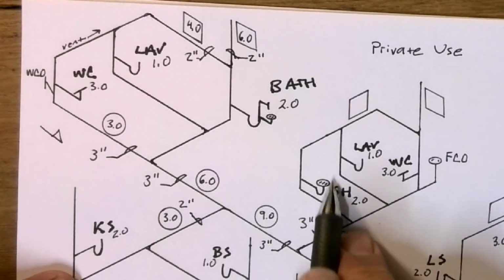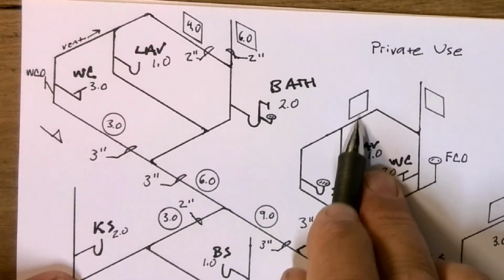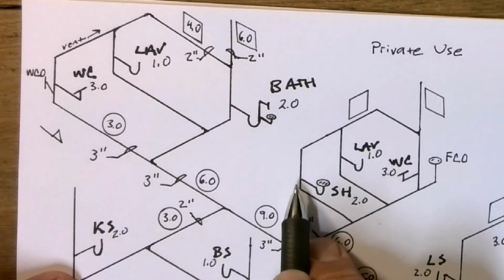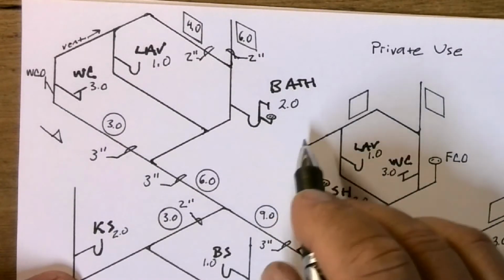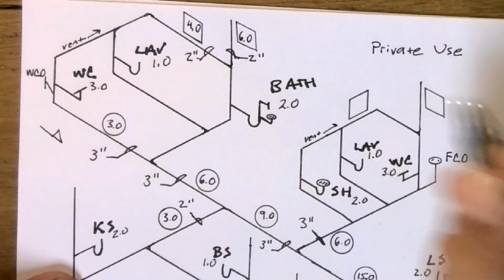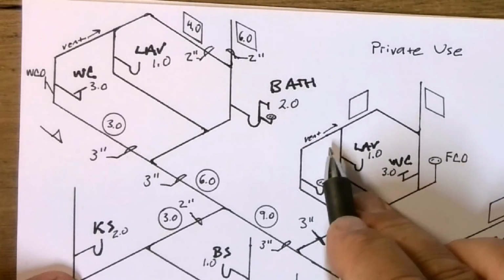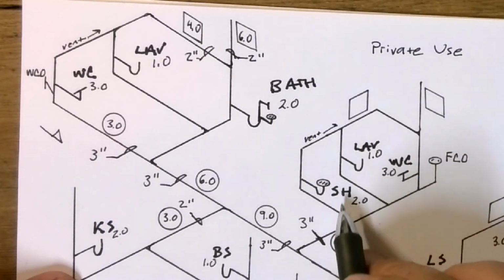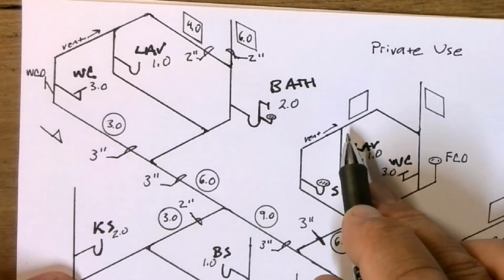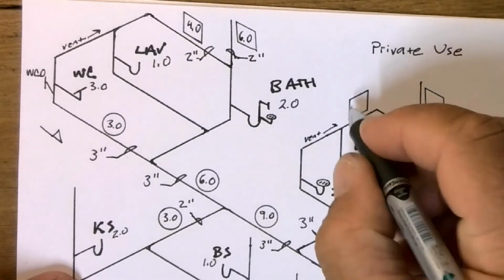How about over here? This piece of vent pipe here. I've got a shower and a lav, right? So the shower vent's coming up and over, just like the one before. The vent runs across. This 2 fixture unit vent picks up this 1 lav, which makes this 3 fixture units.